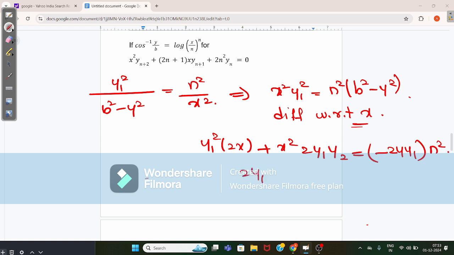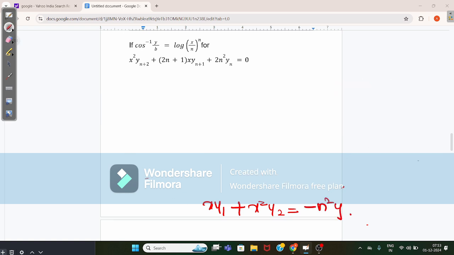Take 2y1 common and cancel. It gives the value xy1 plus x square y2 equals minus n square y. Now this whole value becomes xy1 plus x square y2 plus n square y equals 0.